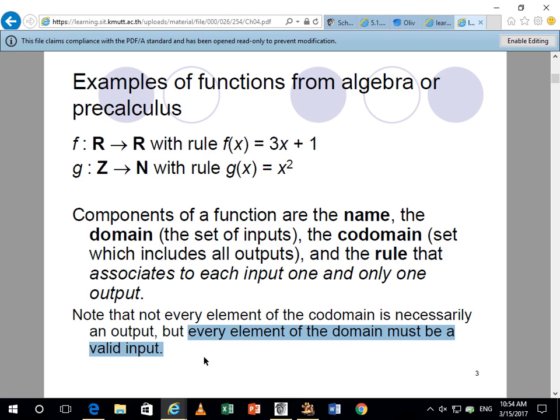And here, the input is a set of integers, so we cannot put a real number or irrational number in there. Every element of the domain, which is the input, must be a valid input. That means it has to belong to this domain. Okay, so this is all that this slide is explaining.